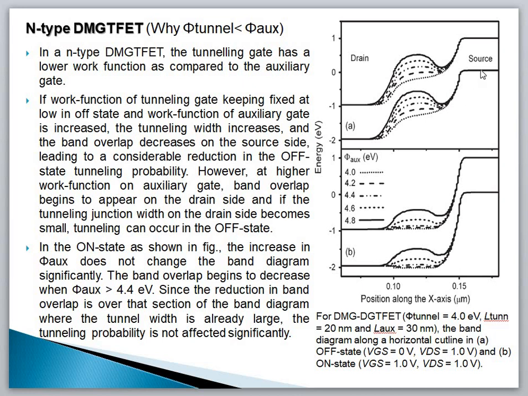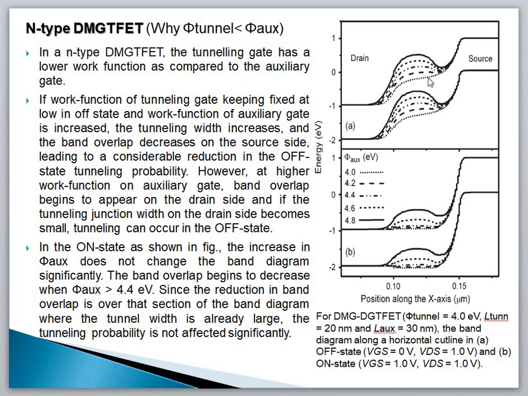You can note that this is the valence band of the source, and this is the conduction band of the channel. The point to note is that if you are increasing the auxiliary gate work function from 4.0 to 4.8 electron volt, the band will move in the upward direction. This will reduce the band overlapping at the source side.